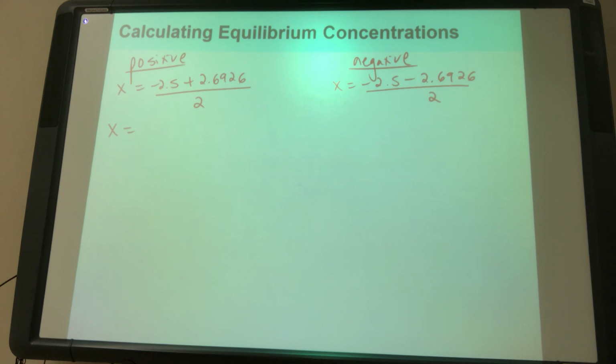Here, you get a negative and a positive, so that's going to become a positive number. And then when we divide by 2, we get 0.0963. Here, we're going to get a negative and a negative. So it's just going to be a negative number divided by 2 is a negative 2.5963.